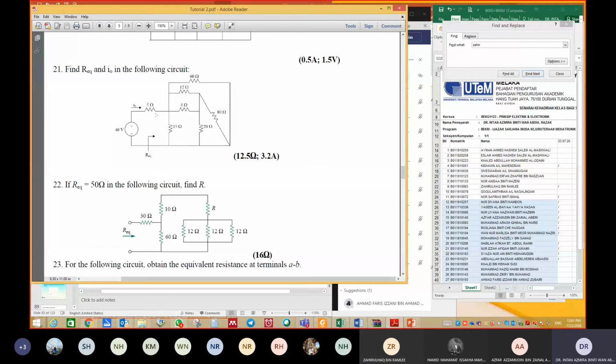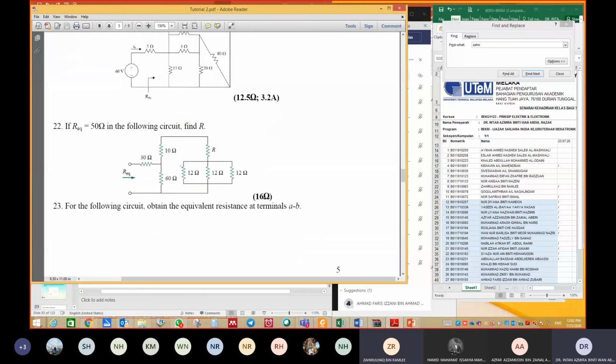So number 21 is principle of series parallel circuit and Ohm's law only. I can be found by using I equal to V over R equivalent. 40 divided with R equivalent. So after you find R equivalent, you can find I naught. This is only the principle of Ohm's law and series parallel circuit.